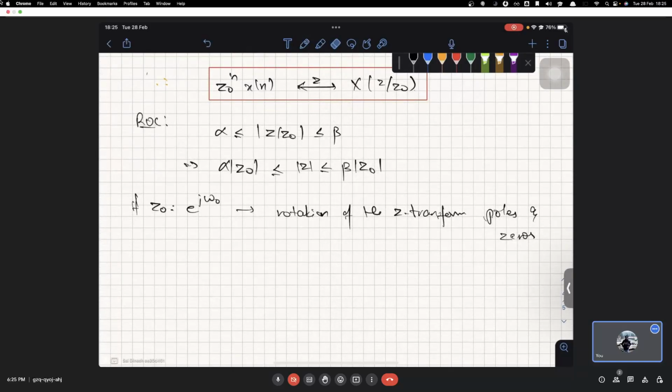The equivalent of this is e power j omega naught n into x of n is a Fourier transform pair with x of e power j (omega minus omega naught).